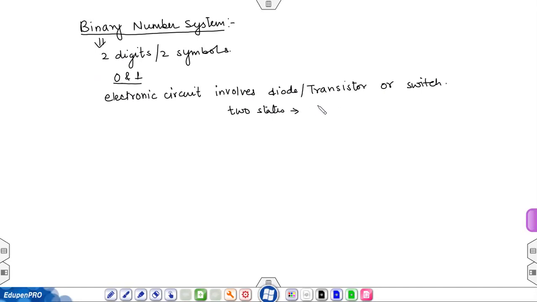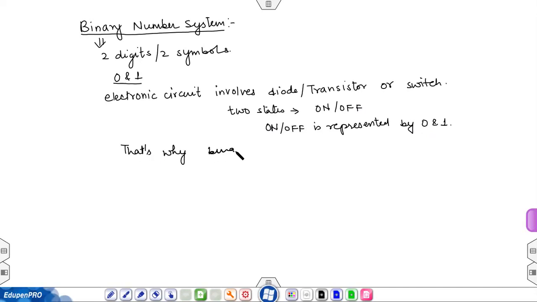They may be on, or they may be off. This on and off is represented by 0 and 1. So that's why the binary number system is very important.